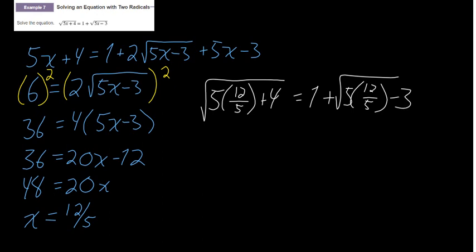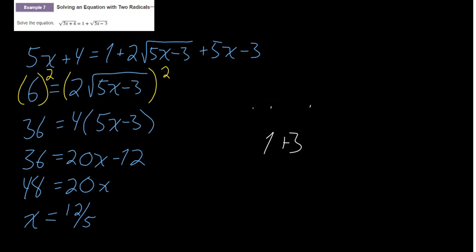I said it's not so bad because we see that our 5 is going to cancel on both sides, right? So it ends up being 12 plus 4 is 16. The square root of 16 is 4. It's equal to 1. And then 12 minus 3 is 9. Square root of 9 is 3. So 1 plus 3. So yes, 12 fifths is indeed the solution to this equation.